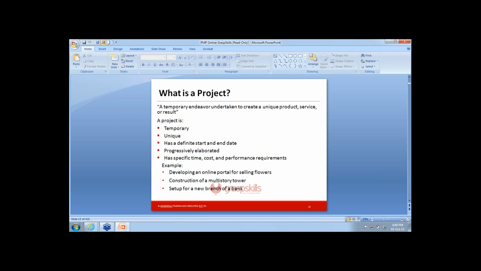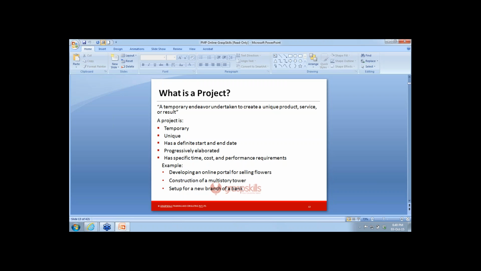While I assume most of you are experienced professionals in the industry, and since you intend to go for the certification, the basic and foremost understanding is about what a project is. A project, as a terminology, is a temporary endeavor which is undertaken to create a unique product, service, or value proposition.